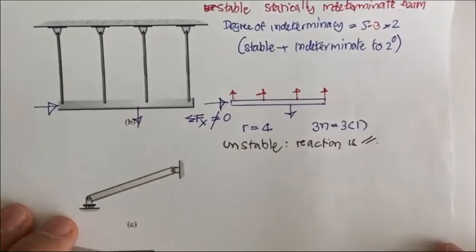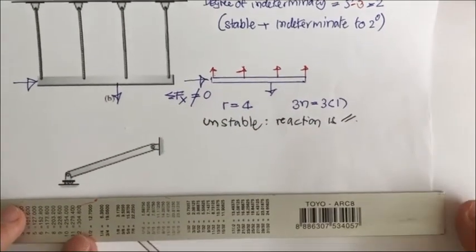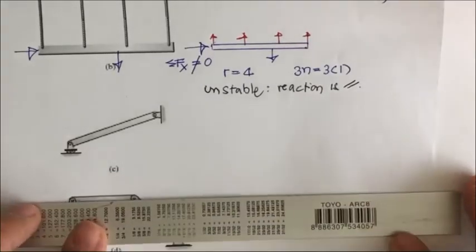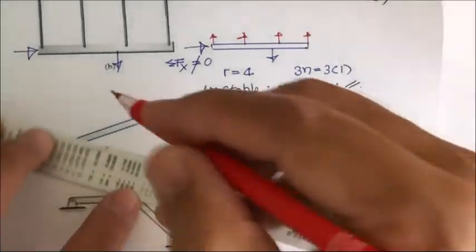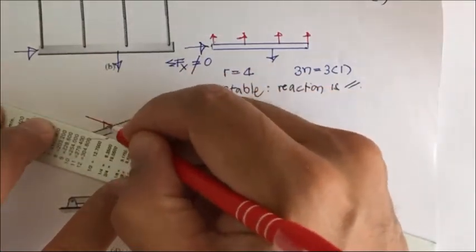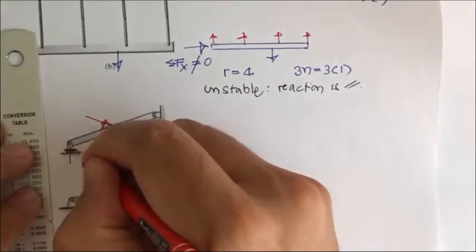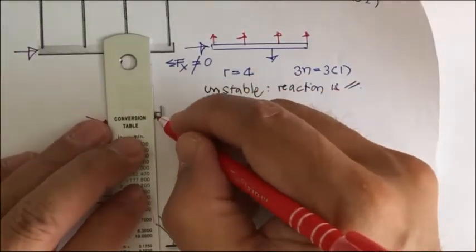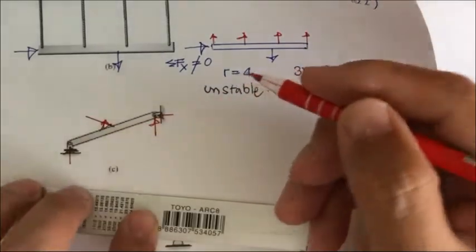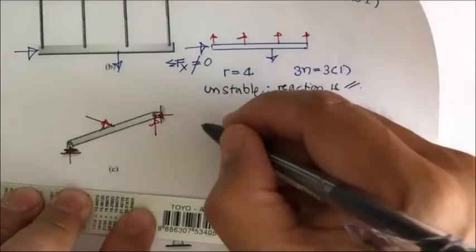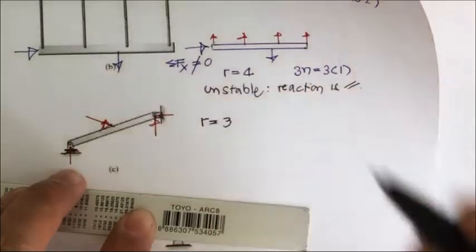And next, we come to the beam. Our beam is a simple one now. Under the application of the force, the roller will have one reaction, and the pin is going to have 2 reactions. For this beam, we have R equal to 1, 2, and 3.